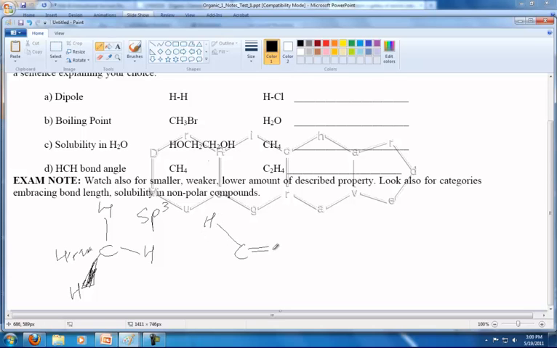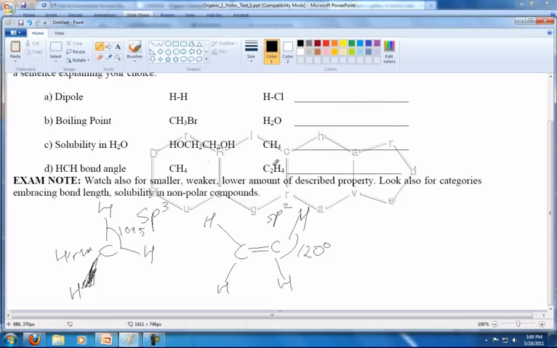In the case of this one, we're looking at sp2 hybridization because it's all double bonded. Now we know that the bond angle there is going to be 109.5, and we know that this bond angle is going to be 120 degrees. So if you were being asked which one has the greater HCH bond angle, it would be the C2H4. That would be the one you'd circle.